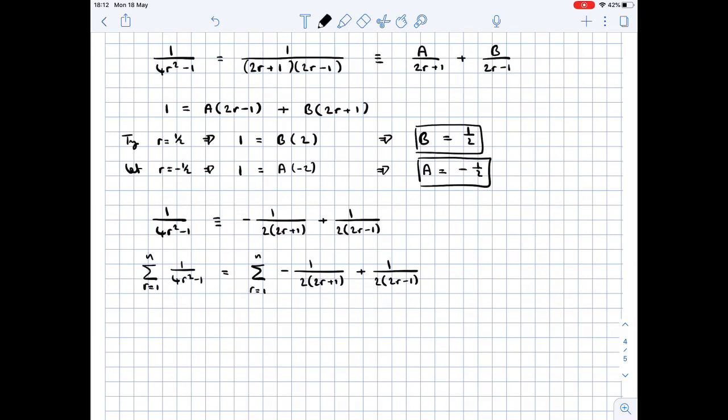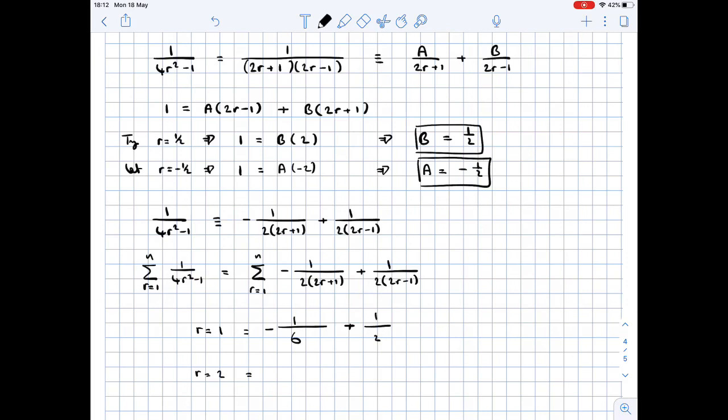Okay, let's try looking at this series. So when r is equal to 1, multiplying through, we have minus 1 over, so 2 times 1 is 2, plus 1 is 3, times 2, 6, plus 1 over 2 times 1 is 2, take away 1, 1, so 2.